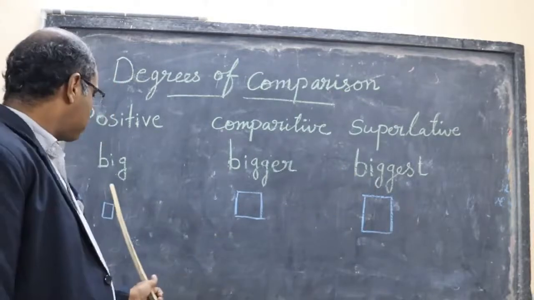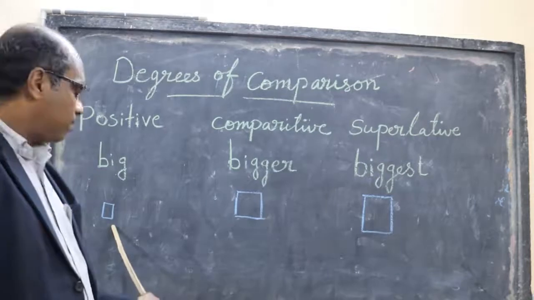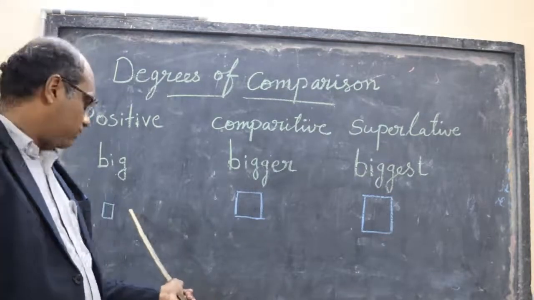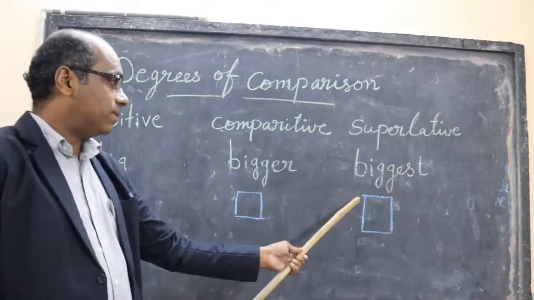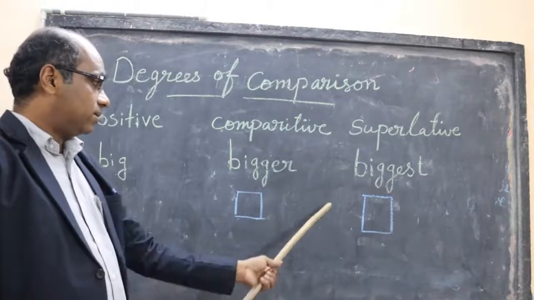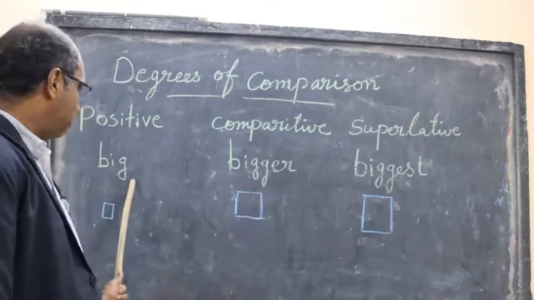Here, big, you will see a picture also. It is big. Then another one, bigger. It is bigger than the first picture here. Then the third one is biggest. This is bigger than this, and big.